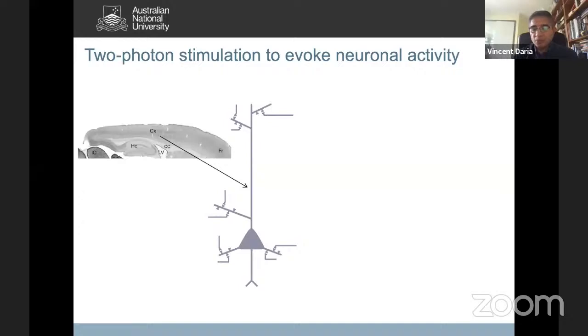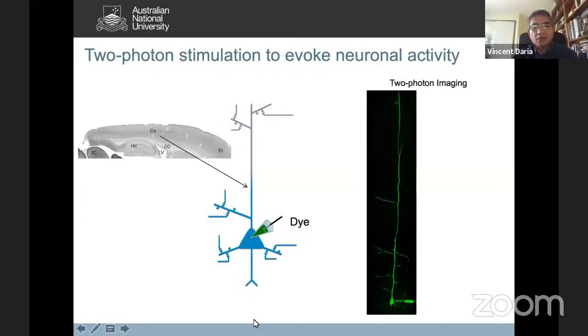We then use a microscope and position an electrode into the cell, and then allow a dye to get into the neuron. And then we use a 2-photon microscope to image the cell.